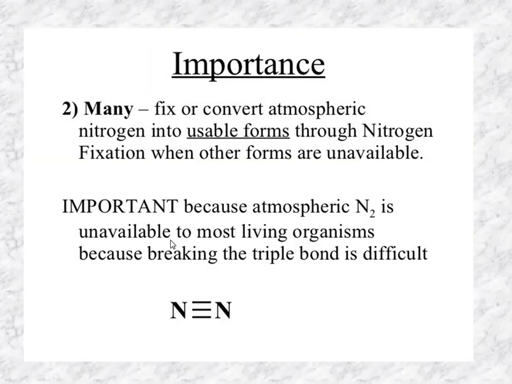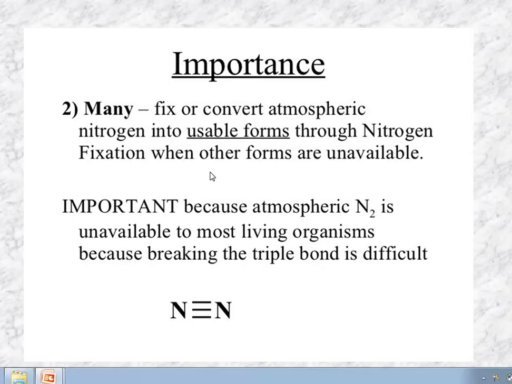Now, what is the importance of cyanobacteria? They are important because they are believed to be the organisms that converted the anaerobic environment of Earth to an aerobic environment. And many cyanobacteria also fix or convert atmospheric nitrogen into a usable form, that is nitrites and nitrates, which are then used by plants, and the plants then convert it into their proteins, which are then used by animals.